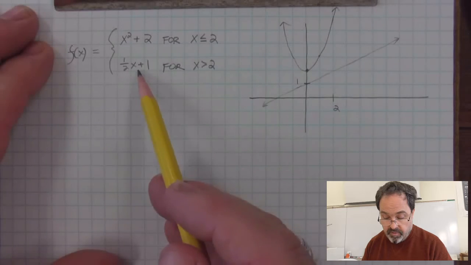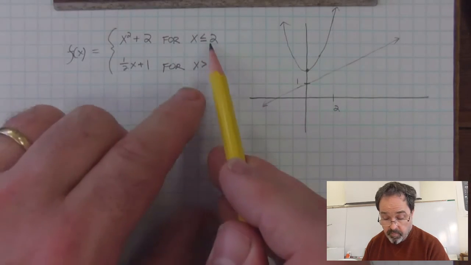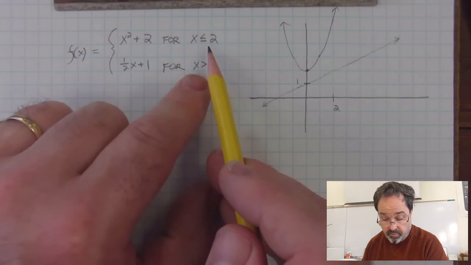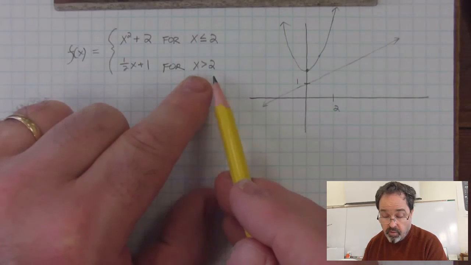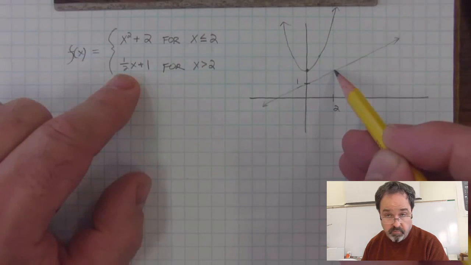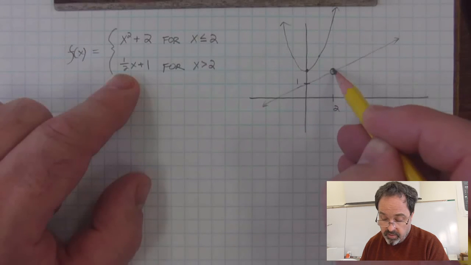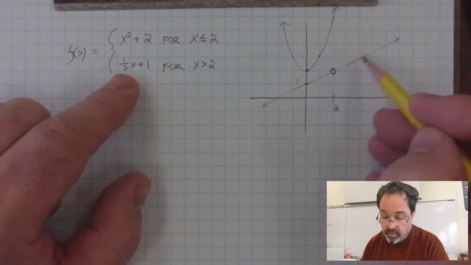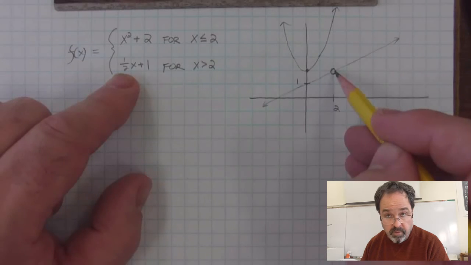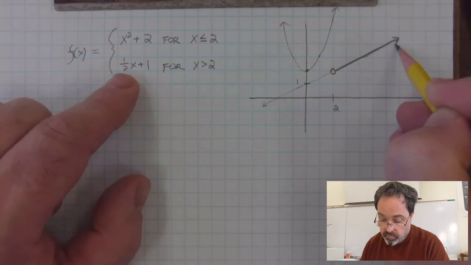But these pieces are only defined for certain values of x. So now it's time to pay attention to when it's linear. Only for values that are greater than 2 am I going to have my function values on the line. I need to put an open dot here to represent the fact that I am not on the line at 2, but only for values greater than 2, which is this part of the line.